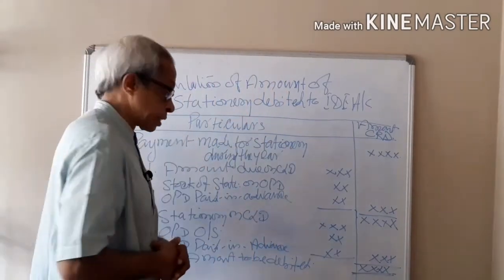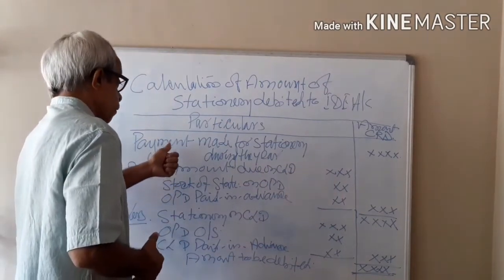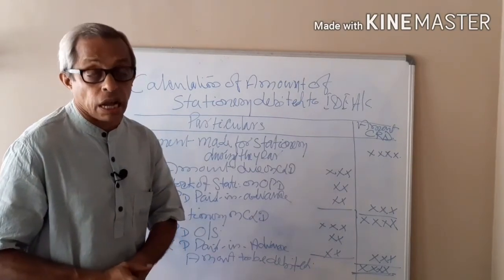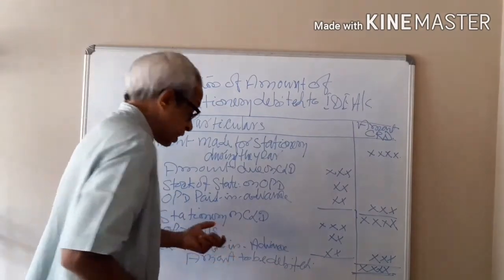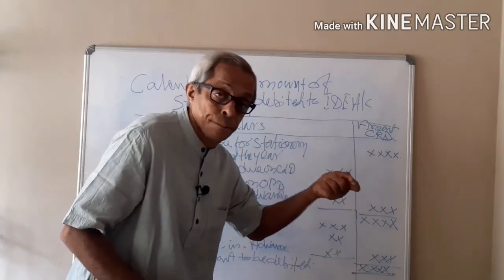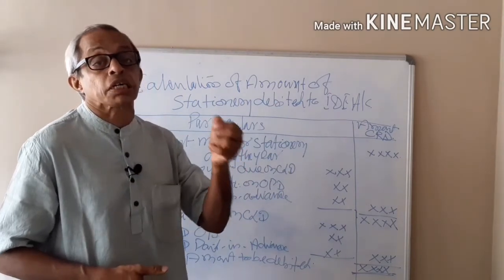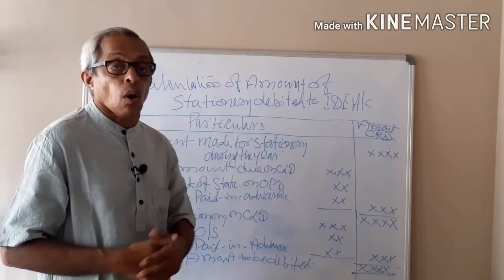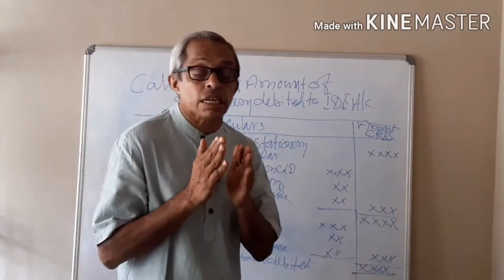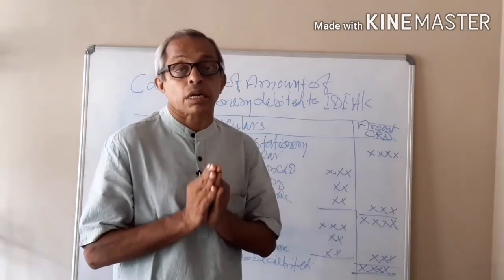When we adjust these 6 items to the payment of stationery made during the current year, we get the actual amount of stationery to be debited to the income and expenditure account of the current year, and that is the amount to be shown on the income and expenditure account.